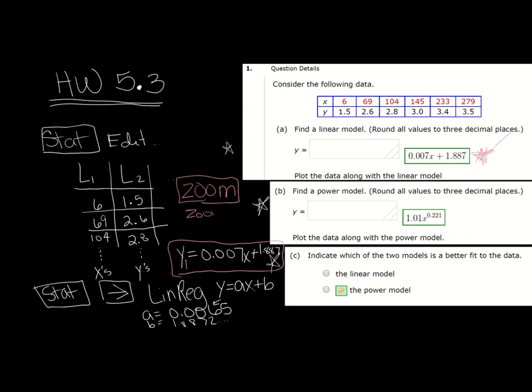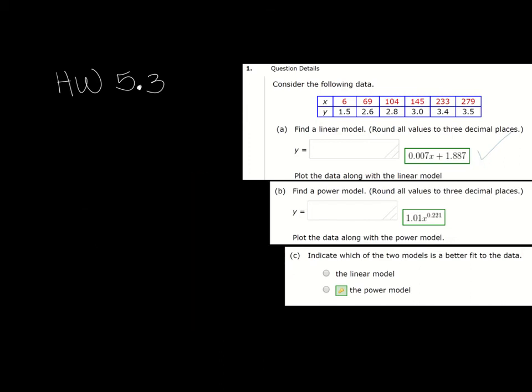What that does is it makes sure that you can see every single data point that you gave it, all the way through 279 in the X, all the way up to 3.5 in the Y. It fixes the window for you. So now you can select the appropriate graph, which demonstrates the data along with the linear model that you found.